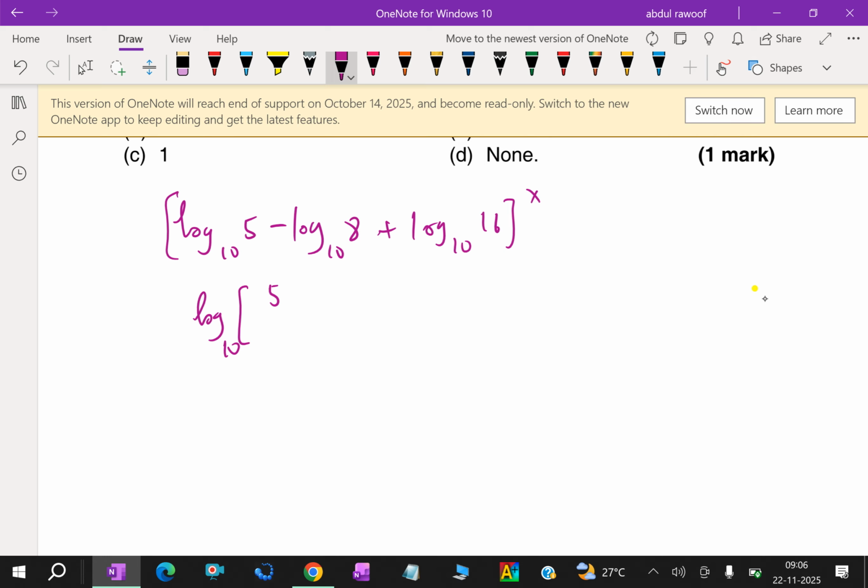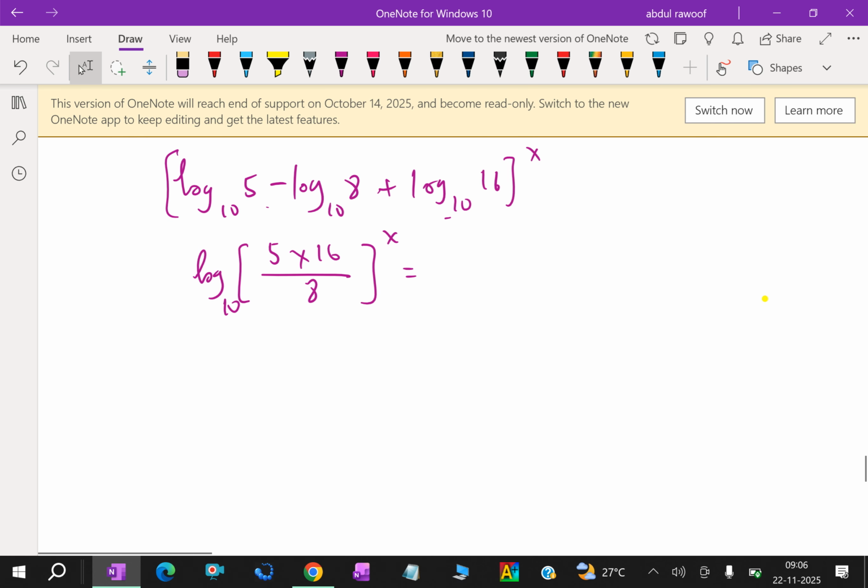Here this log base 10, that is 16 plus is 16, and this is 8 power x here, which is equal to log of base 10.